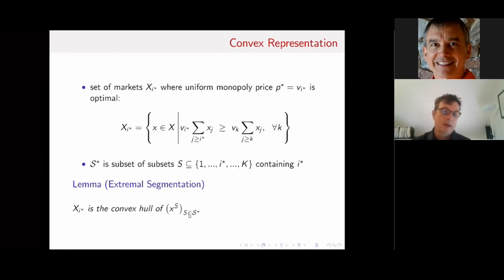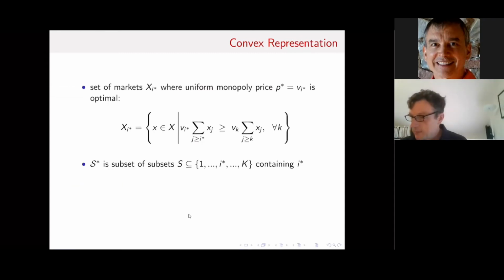And the result, which is really an application of a famous result from convex analysis, the Minkowski-Carathéodory theorem, is that X_i*, that is the markets where it's optimal to charge the price v_i*, is exactly given by the convex hull spanned by the extremal markets where i is included.